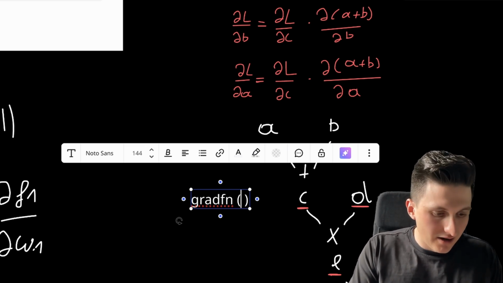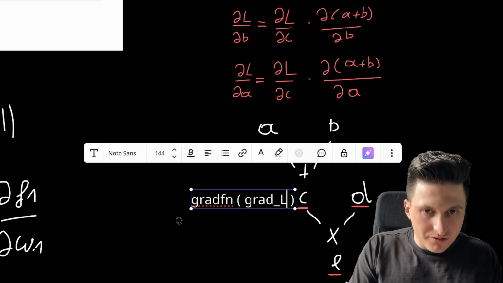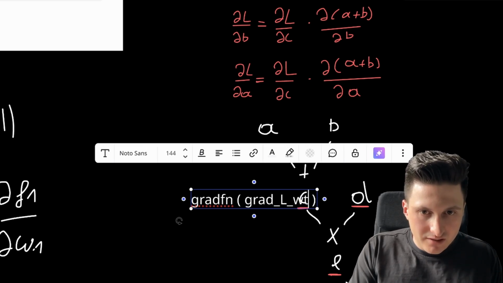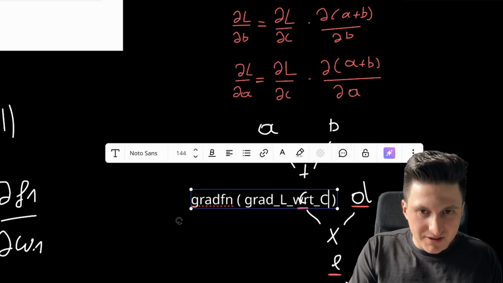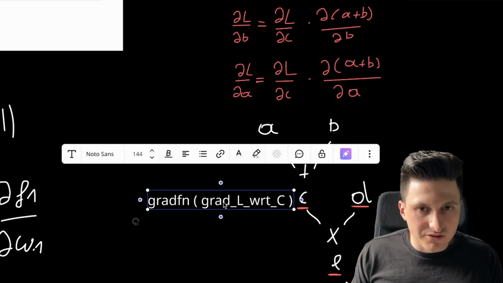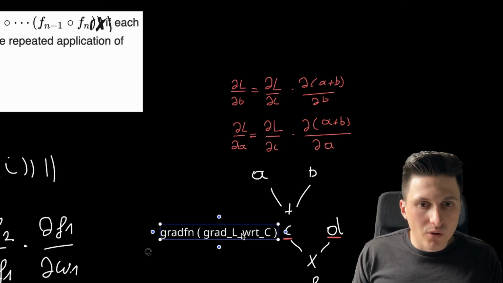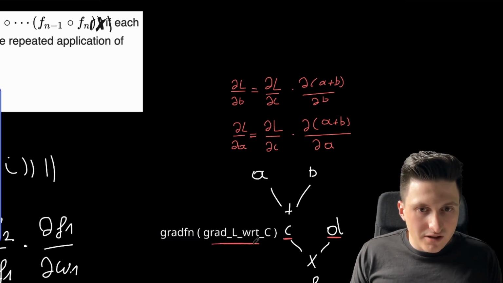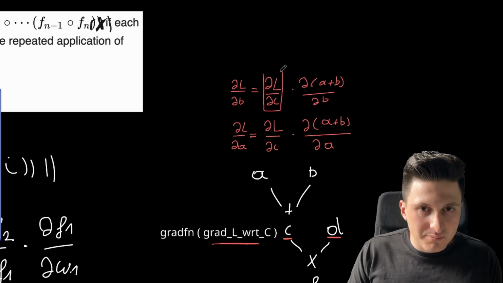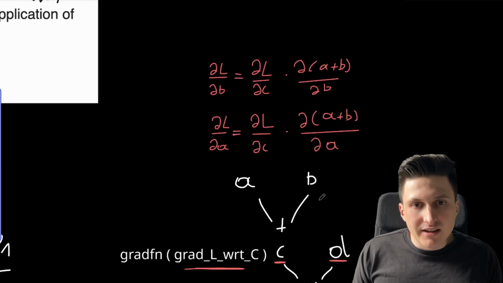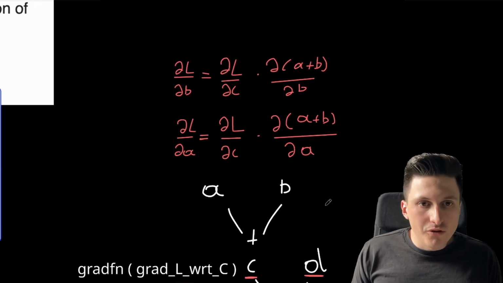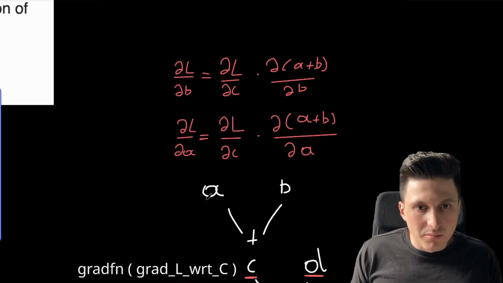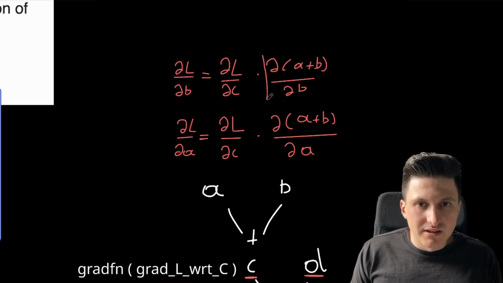So in this case, it will contain the gradient of the loss with respect to C. Because once we know this gradient of the loss with respect to C, which is just this part of both equations, the only thing we then still need to calculate to know the derivative of the loss with respect to both these tensors is just this local part of the derivative.